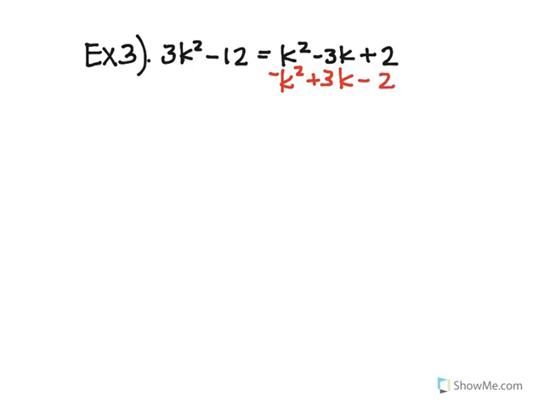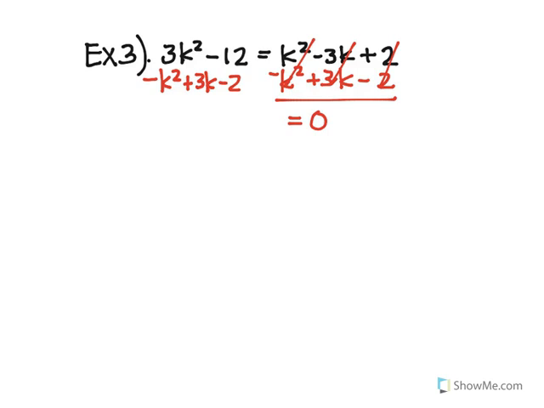Since it's negative 3k, it's now positive. Positive 2, I'm going to subtract 2. And again, I want to take all of this from the right side and move it to the left side, so I'm going to rewrite all of that on this side. Over here everything's canceling out, so I get my equals 0, which is what I was going for.